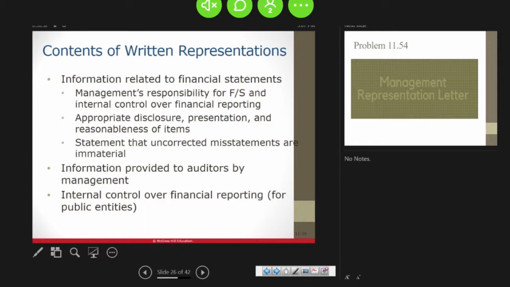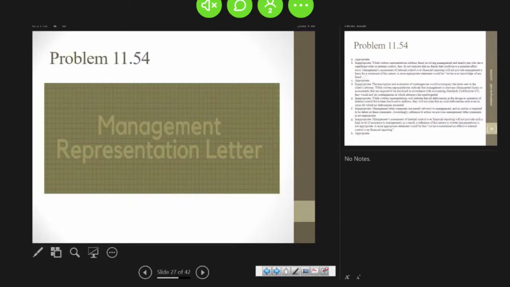Unless management can tell you that we looked at every single transaction, we have perfect internal controls, there are no inherent limitations to our internal controls, they cannot tell you that there's no fraud. So the best that they can say is, to our knowledge, no frauds have occurred, and that we have an effective system of internal controls that would prevent or detect on a timely basis misstatements due to fraud or errors. Okay, so that's what makes that inappropriate: there's no absolute thing that they can say.